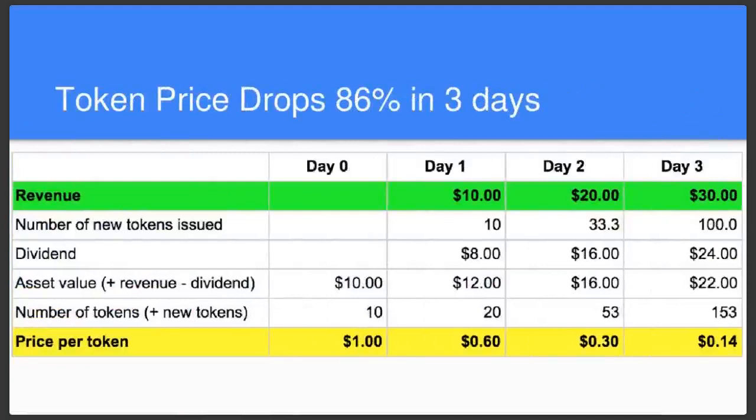So to illustrate how the price will drop, I did a spreadsheet model. This is not exact numbers, but we made some assumptions and did simple math to reflect how the model works. Basically, within 3 days, the token price dropped 86%.